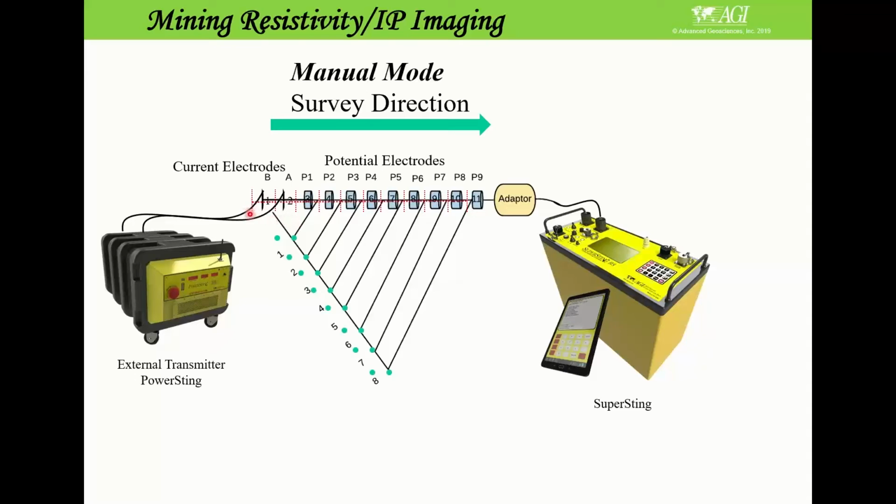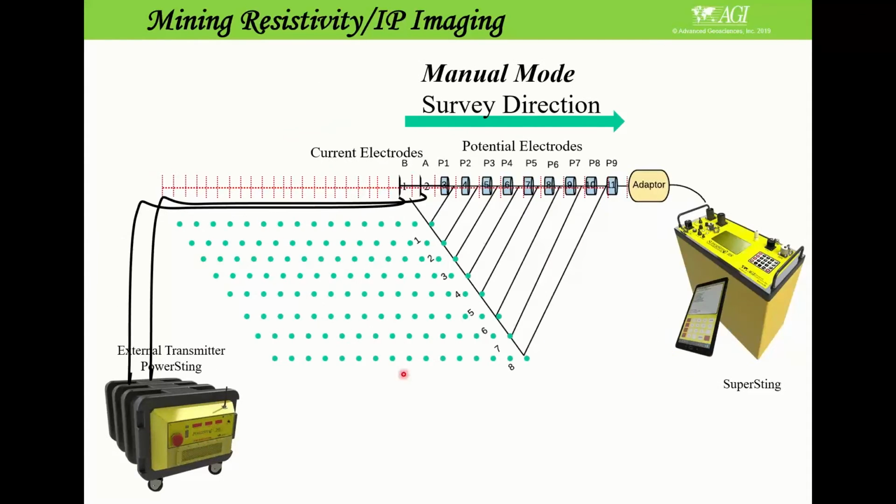If you do 25-meter electrode spacing, they say, okay, move everything 12.5 meters, so you have to shift all electrodes manually 12.5 or 25 meters. You shift everything, you get the next reading, and you follow this until you complete the line. So this is typically how it is done with manual mode measurement.